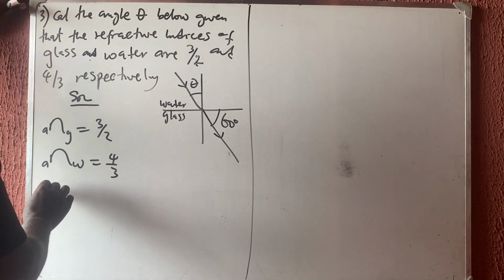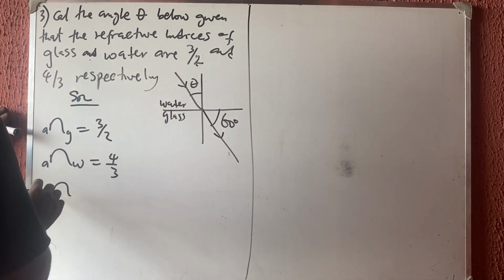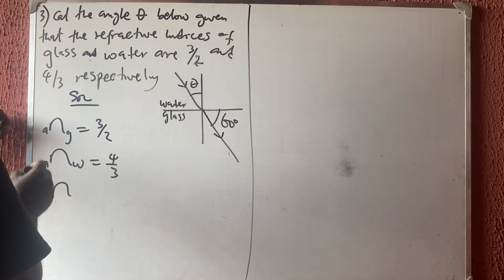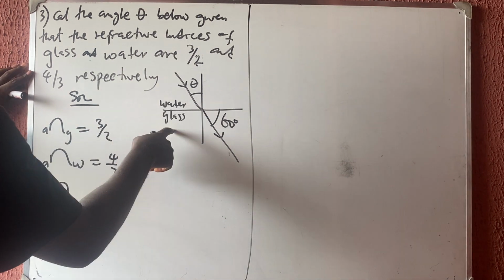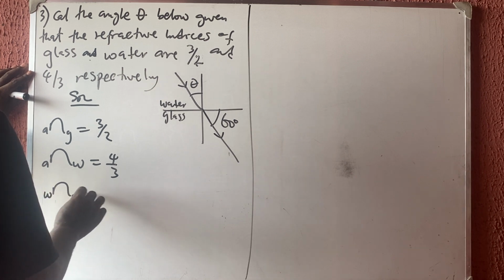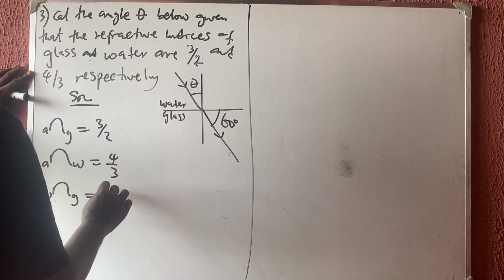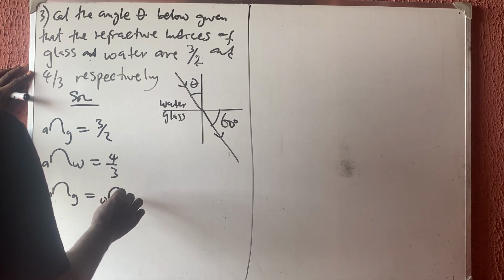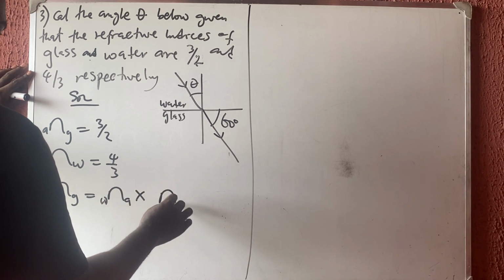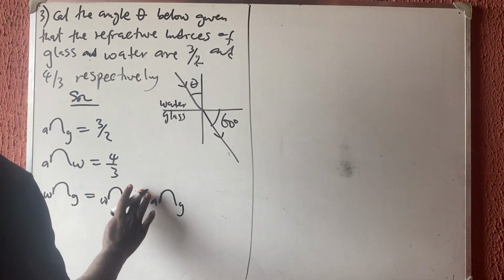They say calculate the angle, so from water to glass is what we want to get. From water to glass means from water, air is the middleman. So we say from water to air times from air to glass.